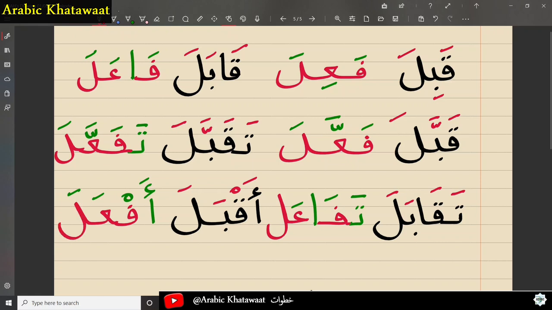Af'ala. So as you can see, all the verbs that we learned earlier have different patterns and also different meanings, but the root is the exact same one. You have additional letters, prefixes, and also long vowels, but the root has the same reference in the pattern, which is fa, ayn, and lam, because it's a reference to qaf, ba, and lam in this example.